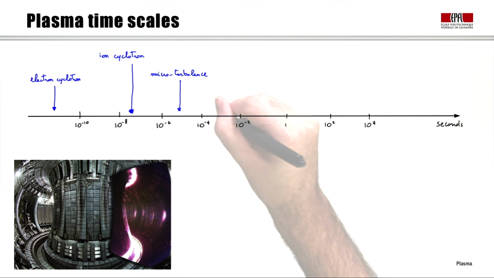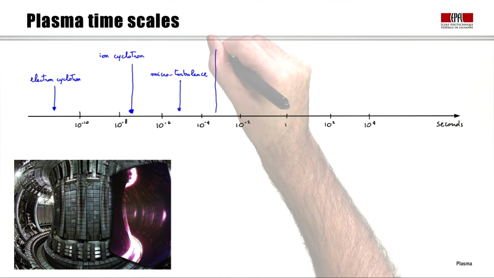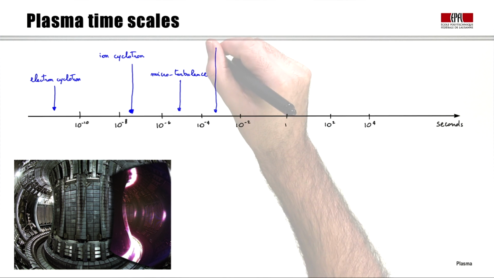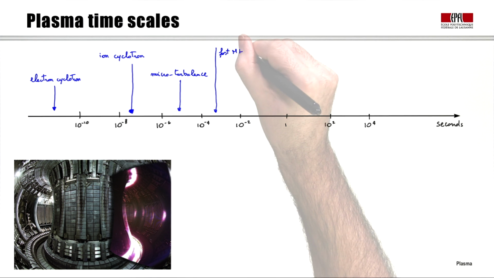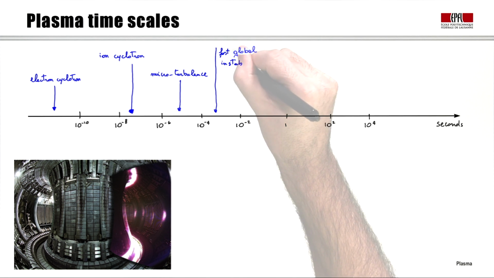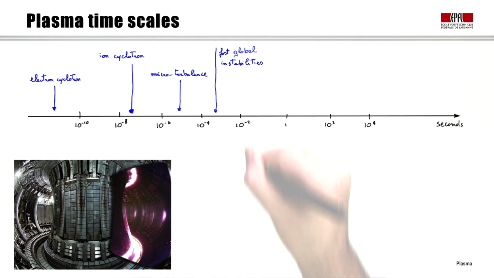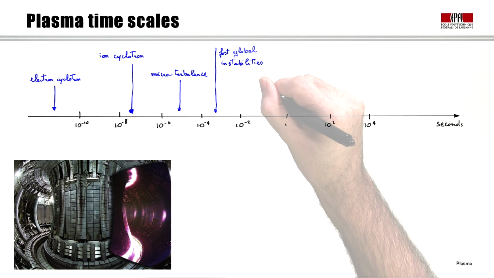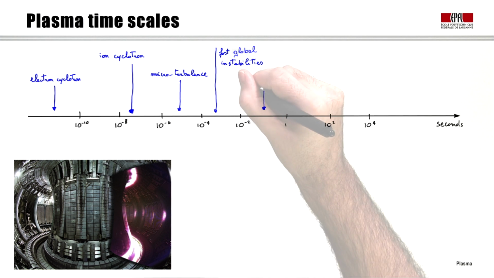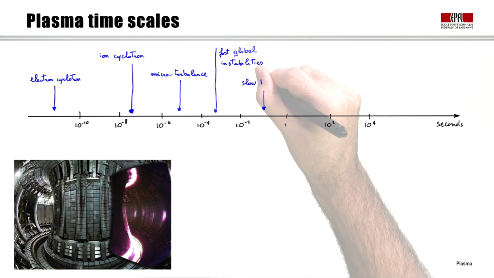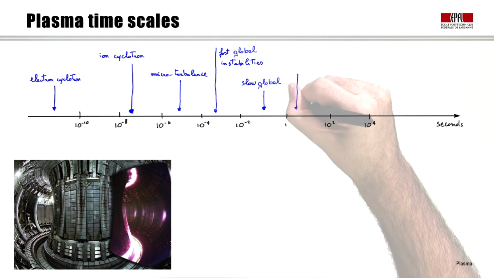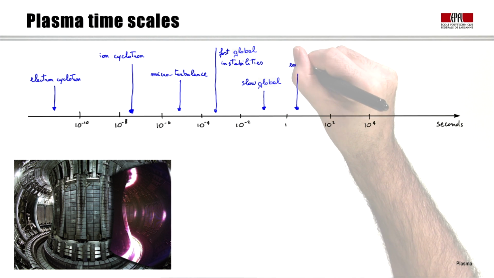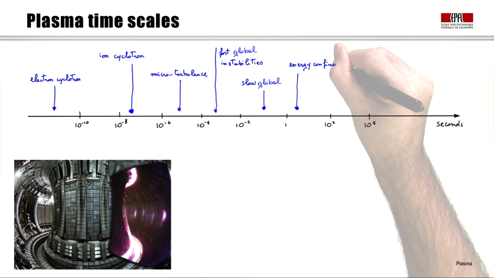There are global instabilities that occur on a timescale of the order of 10 to the minus 4, 10 to the minus 3 seconds, and these are the fast global instabilities. There are so-called slow global instabilities on a fraction of a second. The energy confinement time in these kinds of devices is of the order of the second.